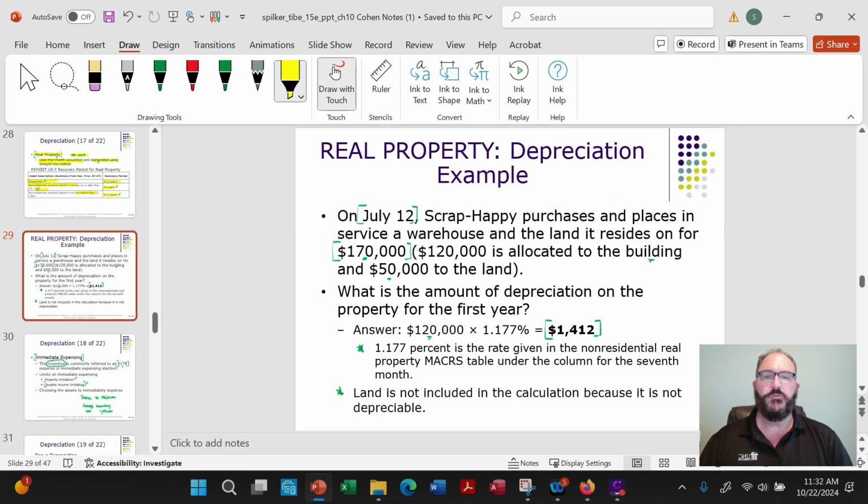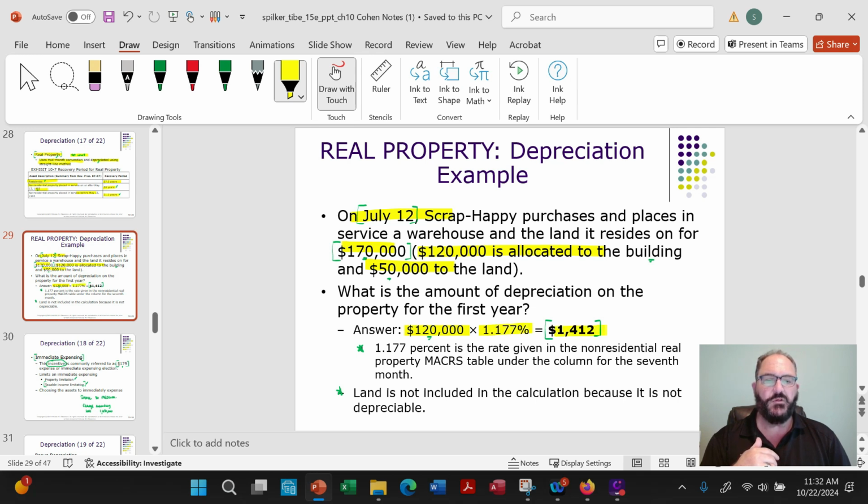Okay, another chart. So let's see. On July 12th, Scrap Happy purchased a warehouse. $120,000 is allocated to the building, $50,000 to the land. They paid $170,000. What is the amount of depreciation in the first year? Well, what you do, you take the $120,000, the value of the building, and then multiply it by 1.177%.